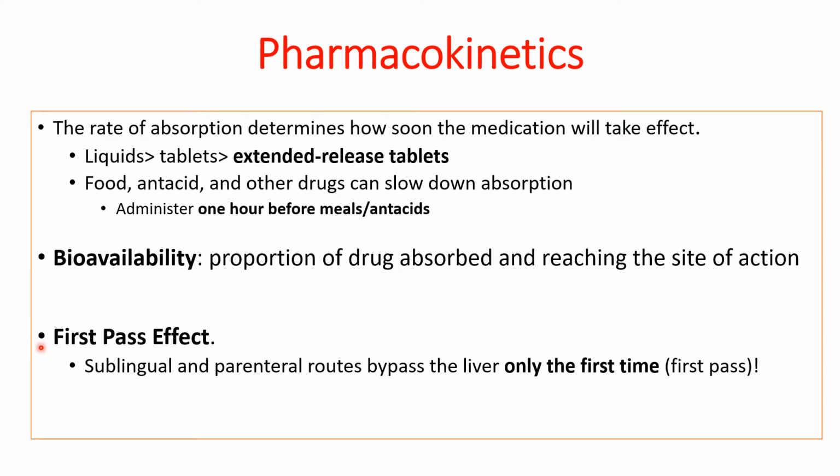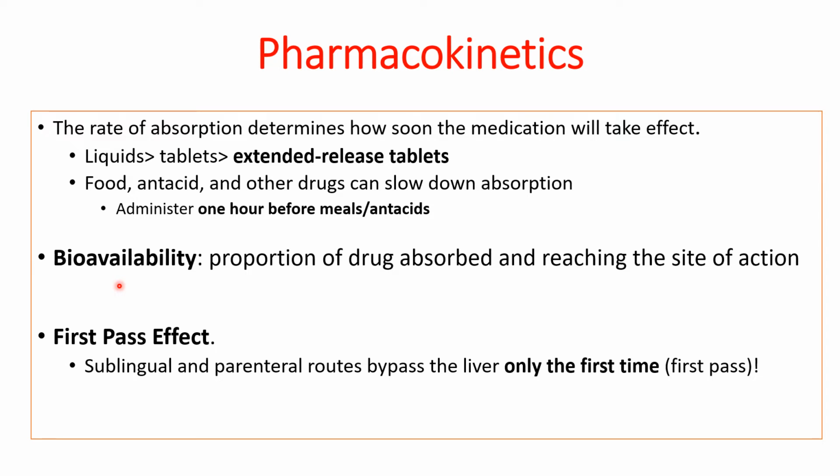One of the important factors that can affect bioavailability when the medication is administered orally, which is the most common route of administration, is the first pass effect. It has relation with the anatomy because anything that is absorbed in the intestine should go to only one vein called the portal vein. The portal vein reaches the liver directly.